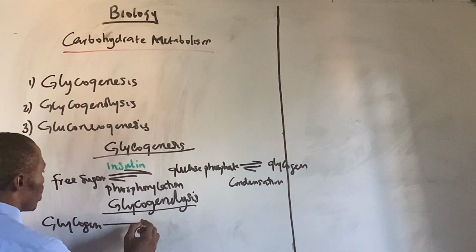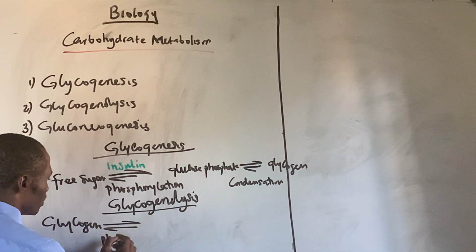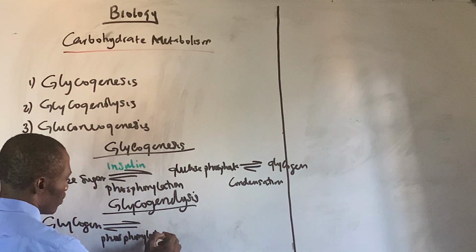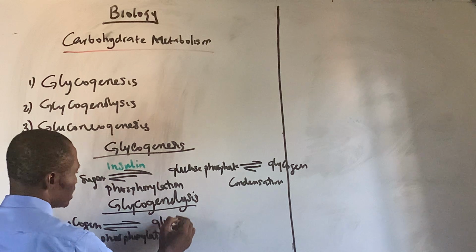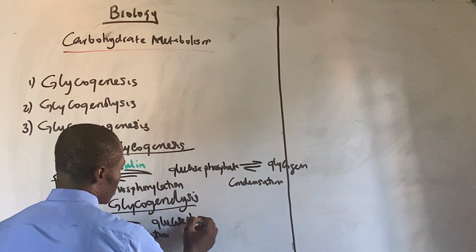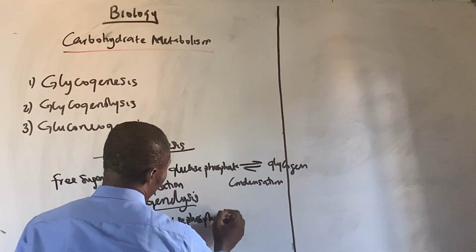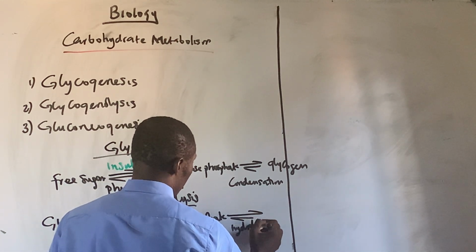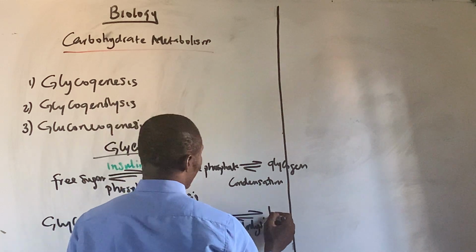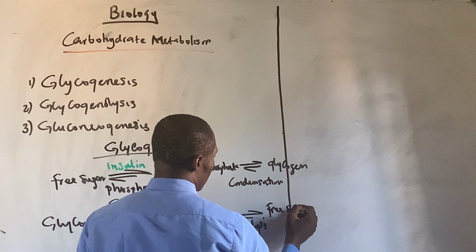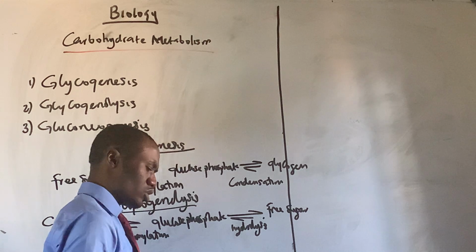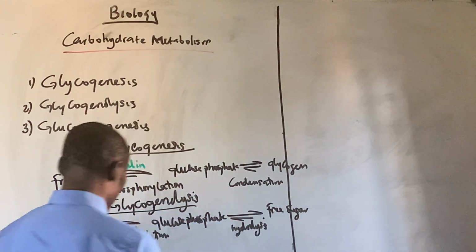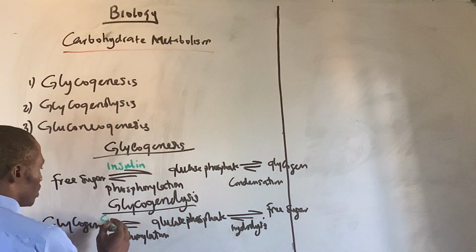It's going to undergo the same phosphorylation, and then we have glucose phosphate, and then we have hydrolysis, and then we have free sugar. The free sugar is also called glucose. But the process here is done by glucagon.